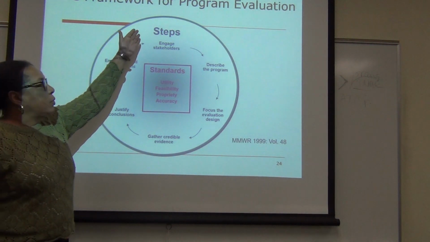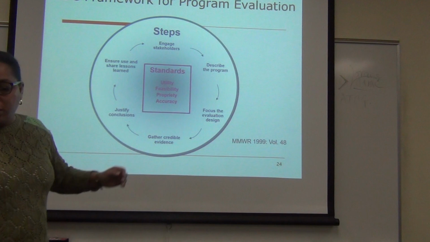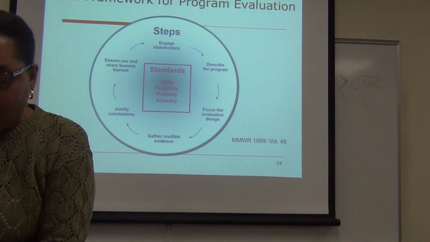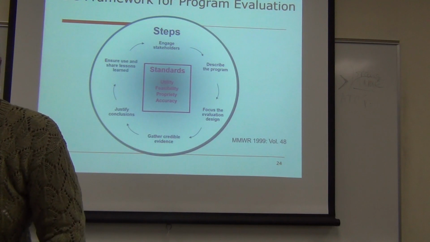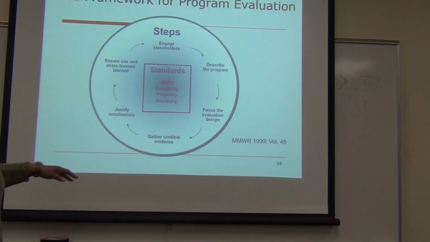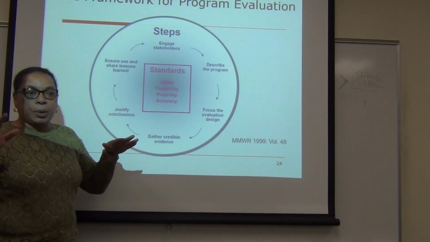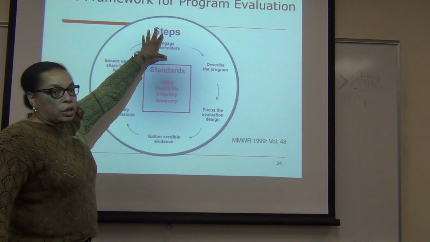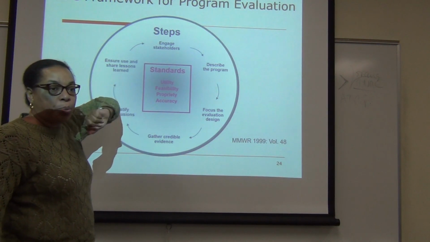They have steps, and then they have standards. We'll go through the steps and then talk about the standards. The steps are almost like program planning. First, you engage the stakeholders, the people who have a vested interest in the program.